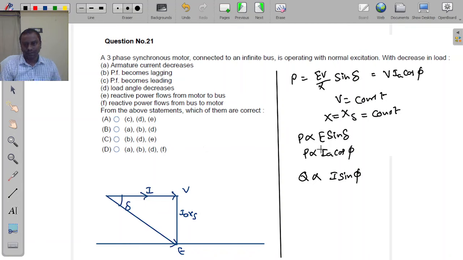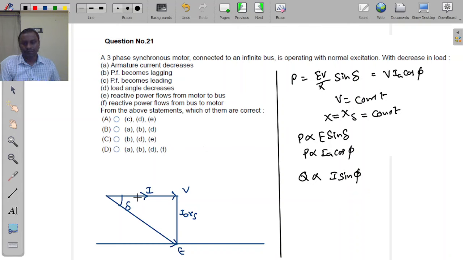Now real power is proportional to E sin del. So what will this axis represent? This axis will give the real power, because this is the E, this is the del. E sin del is the vertical line. That vertical line will give the real power. Similarly, Q is proportional to I sin phi.